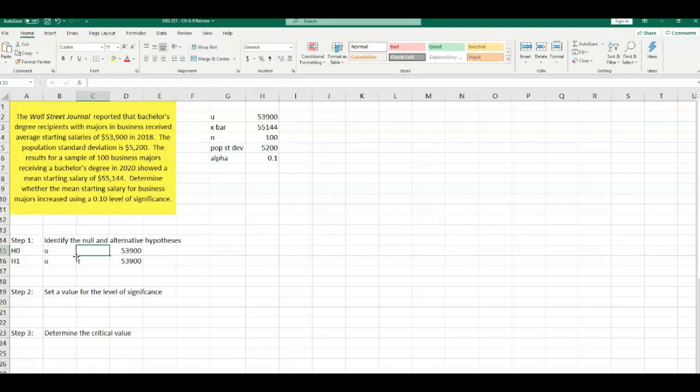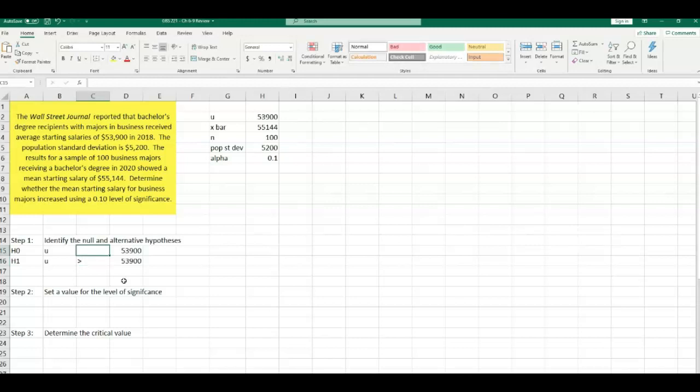So your alternative hypothesis here is going to be whatever the test wants to show. So in this case, it wants to show whether it's increased over the past couple years, right? So we want to know, has it gotten bigger? So our alternative is going to be our mean is greater than 53,900.